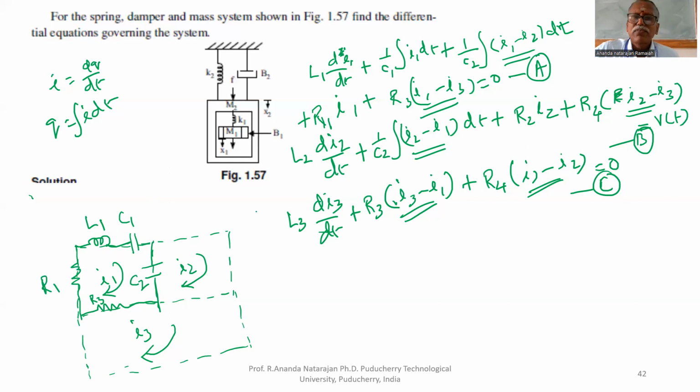That's all for the first loop. If you take the second loop, L2 is in I2 only, so we can draw L2 here. C2 is between I1 and I2, already drawn. R2 is in I2 only. R4 is between I2 and I3, therefore R4 must be here.